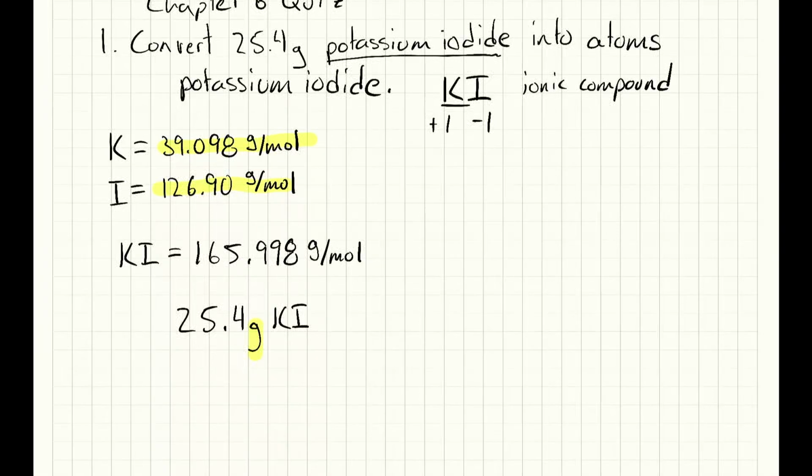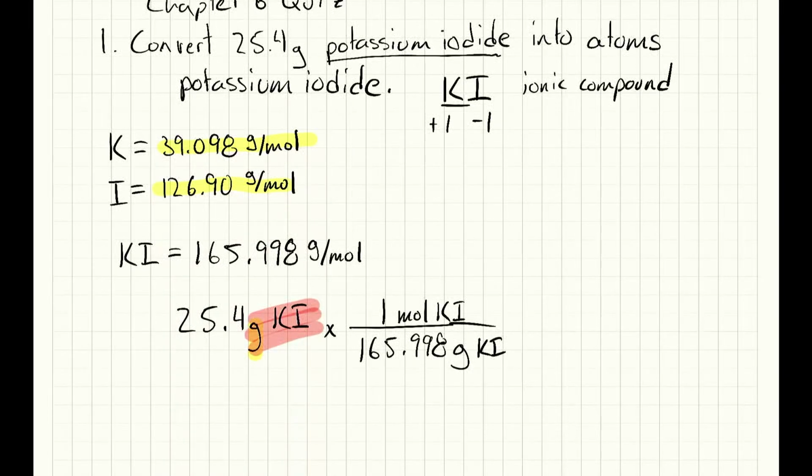So to do this, we're going to take 165.998 grams of potassium iodide per 1 mole of potassium iodide. When we multiply these, grams of potassium iodide cancels out with grams of potassium iodide, and we'll be left with the next step in what we're looking for, which is moles of potassium iodide.